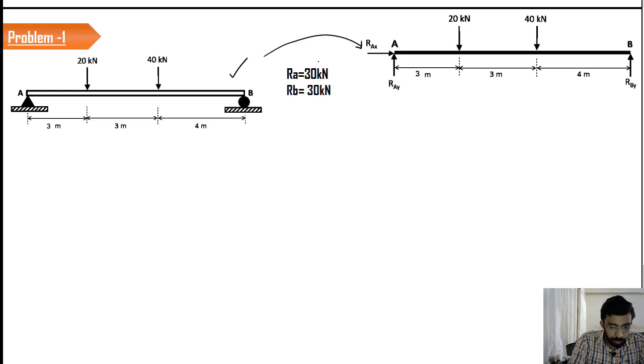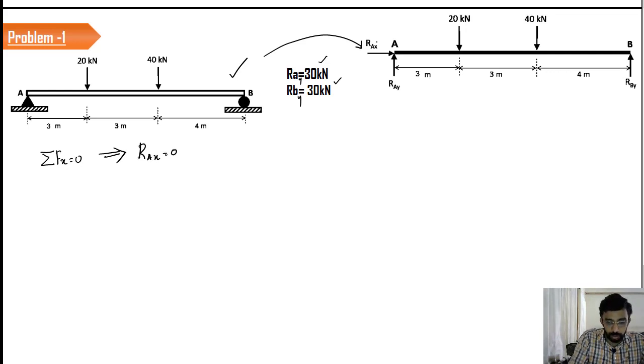And I have calculated the reactions RA and RB here, which are nothing but 30. For this particular question, I will show you how we can calculate the reactions RA and RB. This is actually RAY and RBY. That's very simple. It is like this. First of all, we are going to take summation of Fx equal to 0, which is going to give you the value of RAX equal to 0.